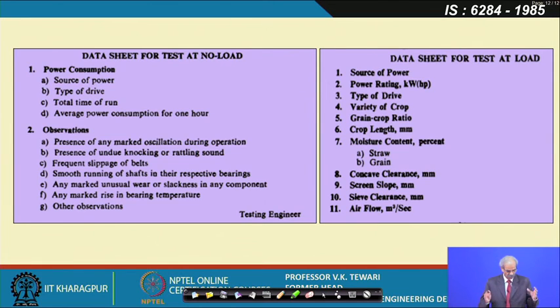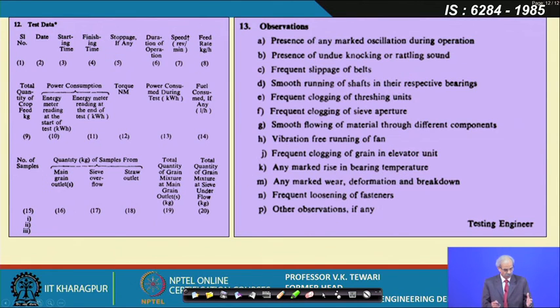Now, the concise information with regard to power consumption, observations, sources, and other details which are given, this is the concise information which is wanted. The same thing is now given here, the test data which we had already shown to you earlier, and the other observations given here.